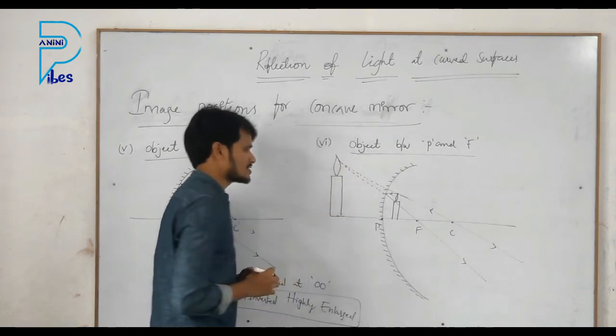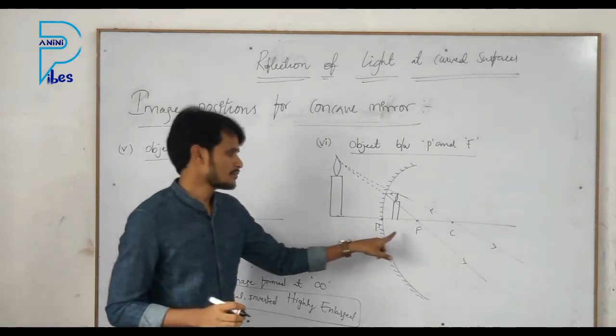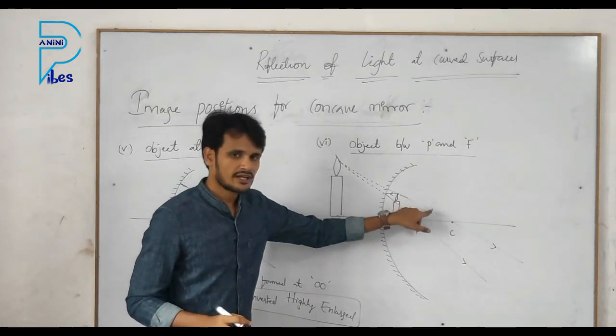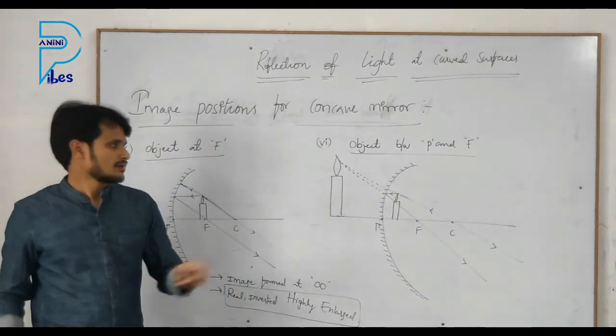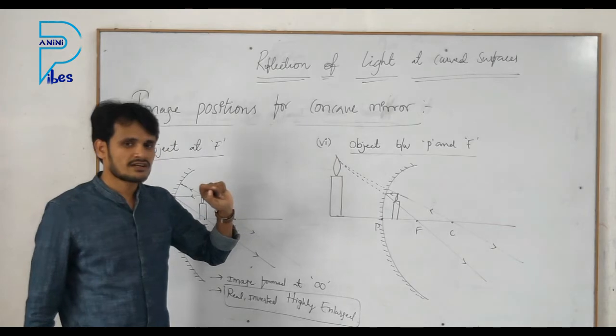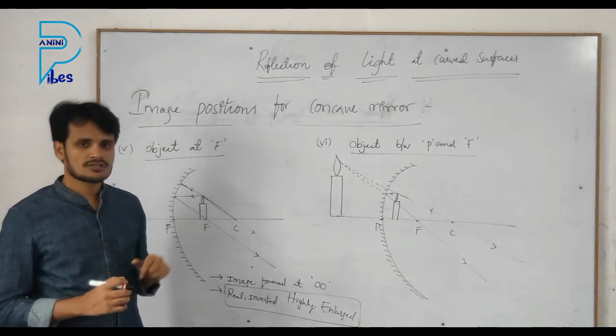it's enlarged and virtual. If you are placing the object between P and F, draw the ray diagrams like that. If you extend the two rays behind the mirror, where the two rays intersect, we can consider that intersecting point as the image. It's an enlarged image.